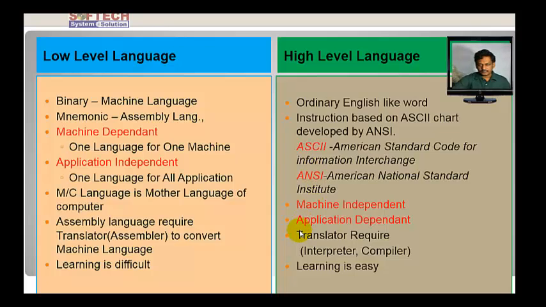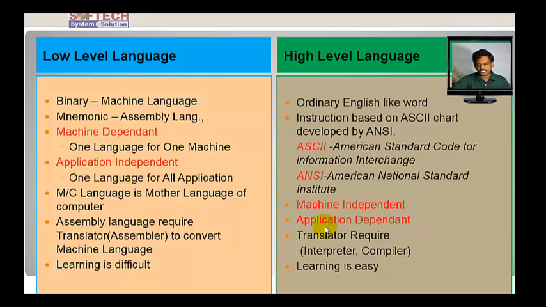But unfortunately, high-level language also has one demerit, that is, it is application dependent. Low-level language is application independent, that is, one language for all applications. By using one language, we can develop all kinds of applications. In high-level languages, by using one language, we can develop one type of application.